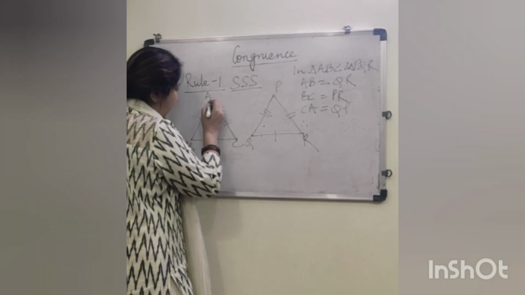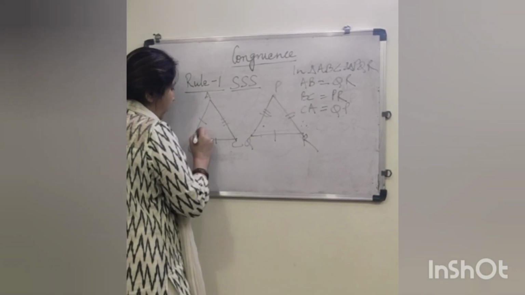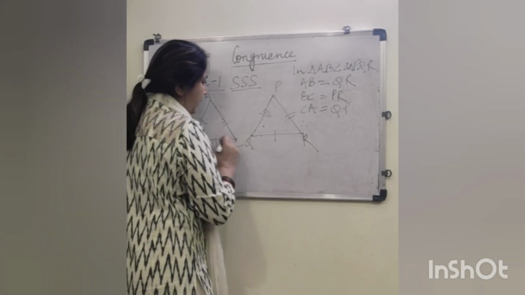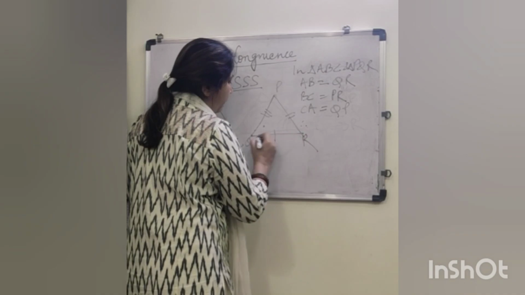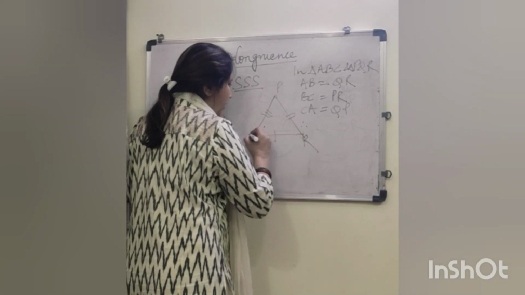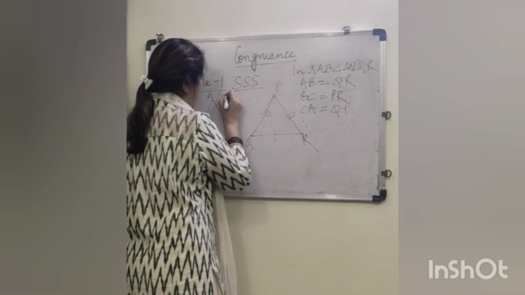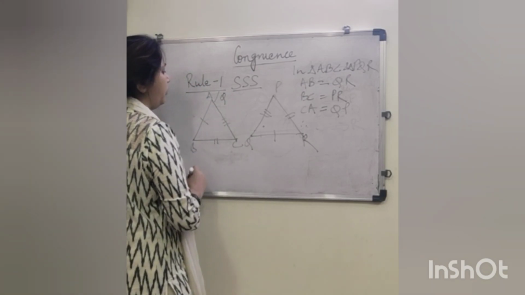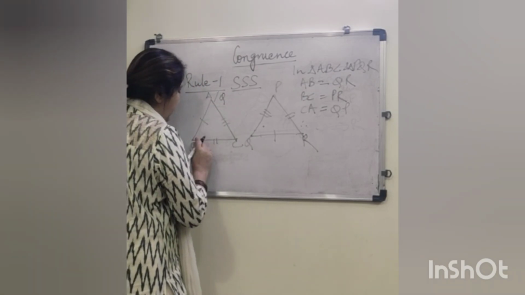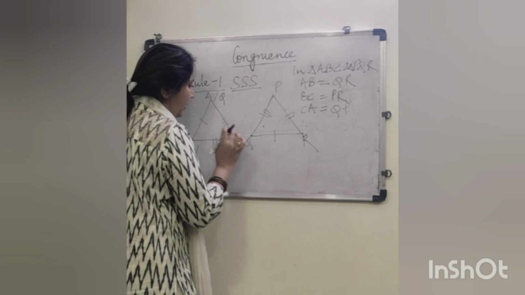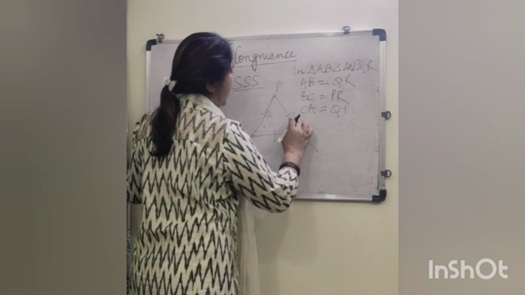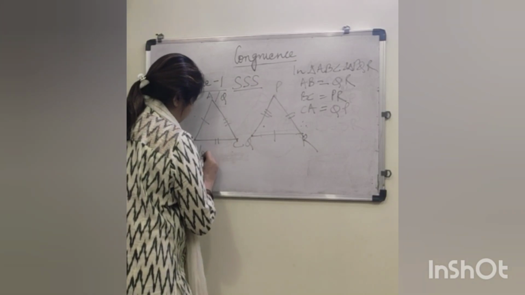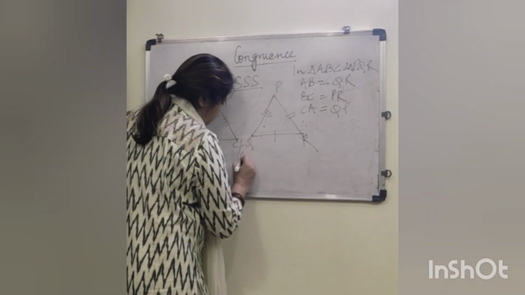Now you can say A is the vertex from where single cut and triple cut are moving. Here Q is the point from where single cut and triple cut are moving. That means A is corresponding to Q. B is the point from where single cut and double cut are going. R is the point from where single cut and double cut are going. So this is R.